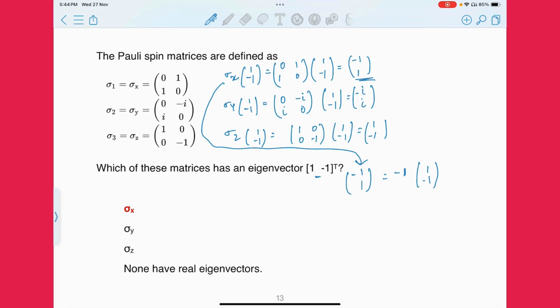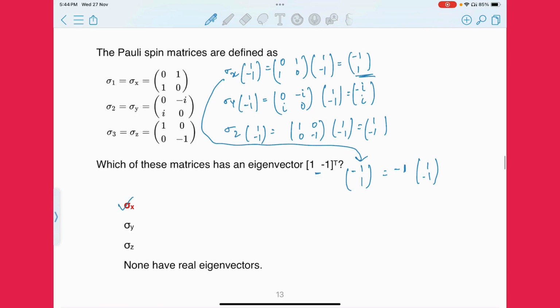So the correct answer is the sigma x matrix.